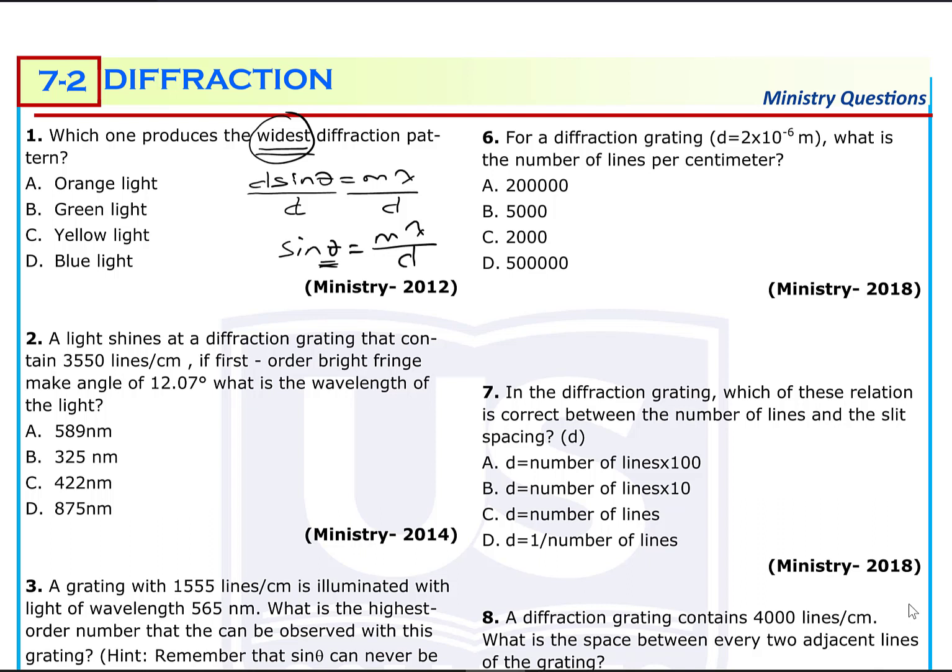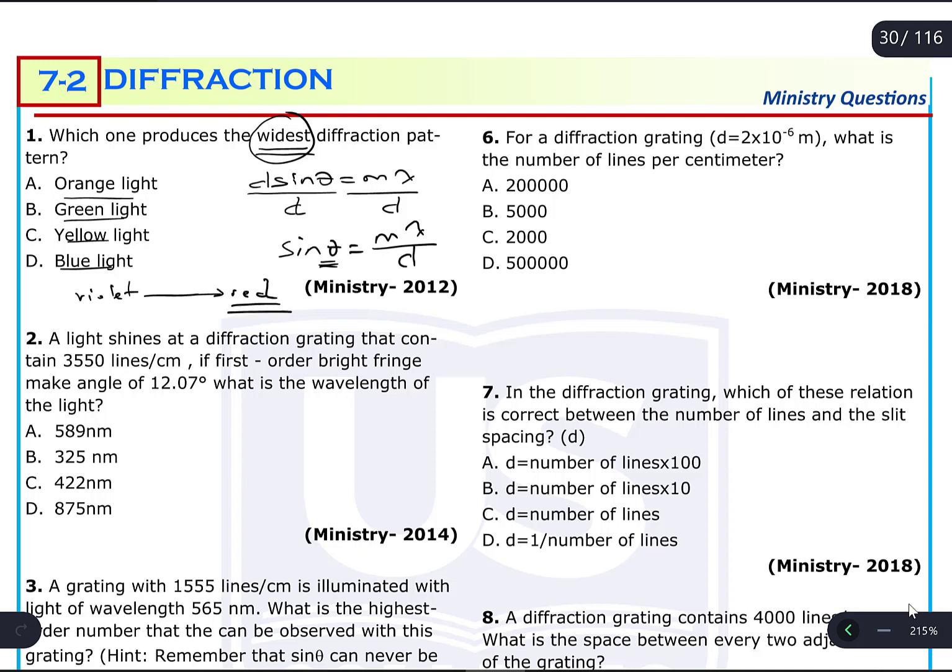Here lights are given, and we know every different light has a different wavelength. Orange light, green light, yellow and blue light. From violet to red, we know that wavelength increases. So the color closest to red is going to have the longest wavelength.